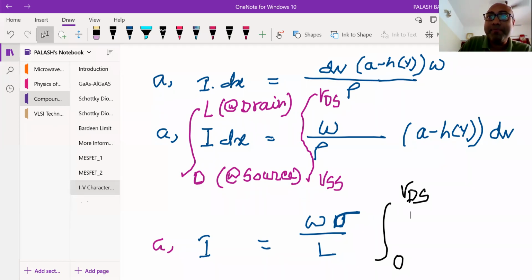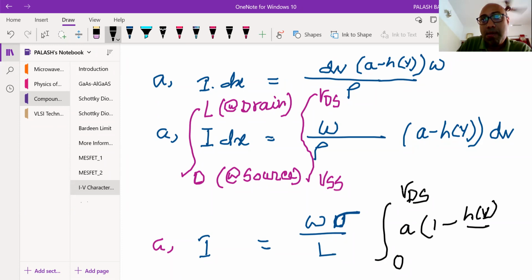So I have to convert this length part into voltage part. For example, A is a length, 1 minus H(Y), dV. What I'm trying to say is that we have a voltage limit, a boundary condition, but we have the factors in terms of length.